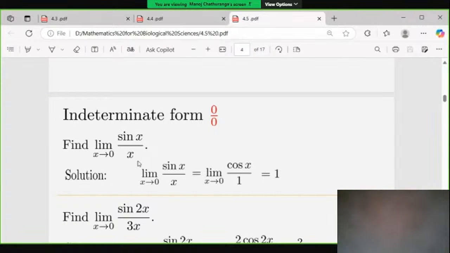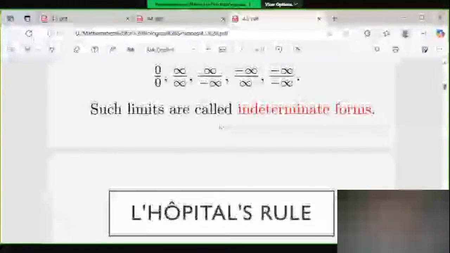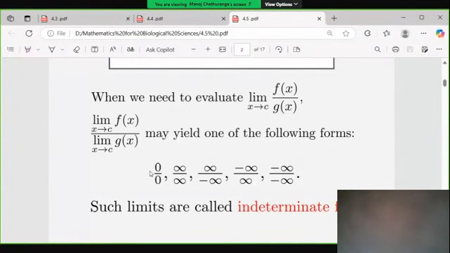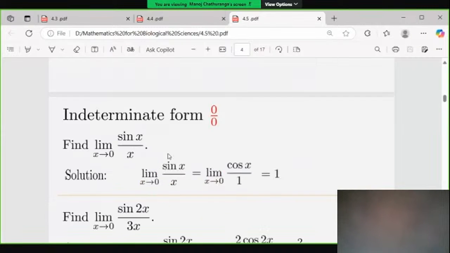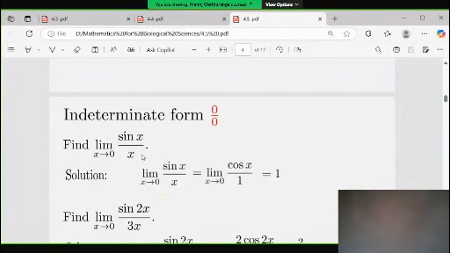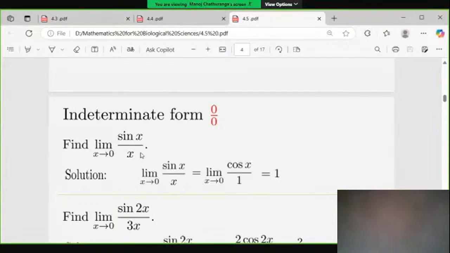So the indeterminate form mentioned in this L'Hopital's rule is 0 divided by 0. If it is 0 divided by 0, L'Hopital says, don't worry, differentiate numerator and denominator separately.